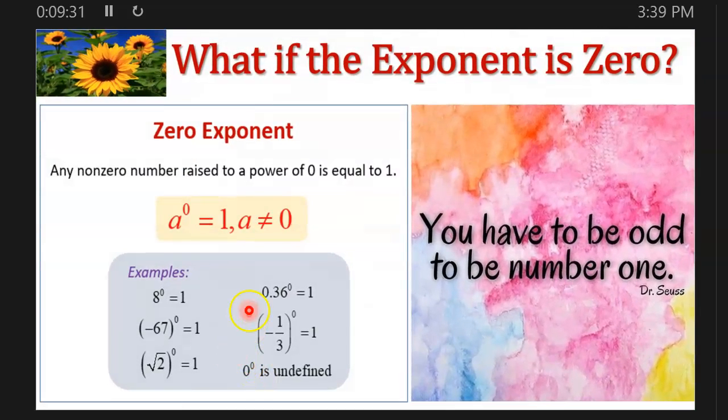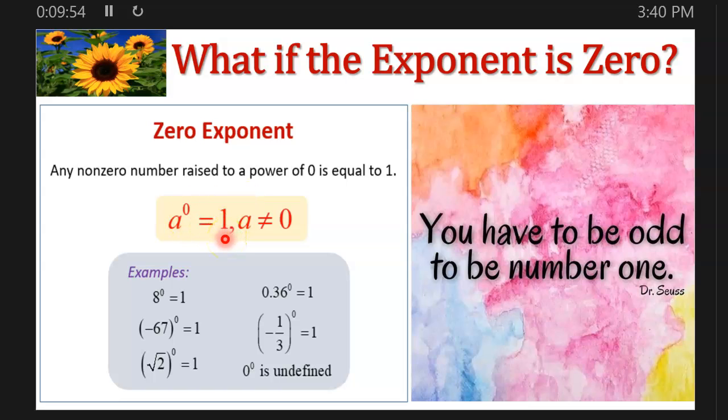Okay, and what if the exponent is a 0? 0 and 1 are very related when it comes to this. Any non-zero number raised to the power of 0 is equal to 1. Now that doesn't mean that the exponent is equal to 1. The exponent is 0. That means everything changes to a 1.